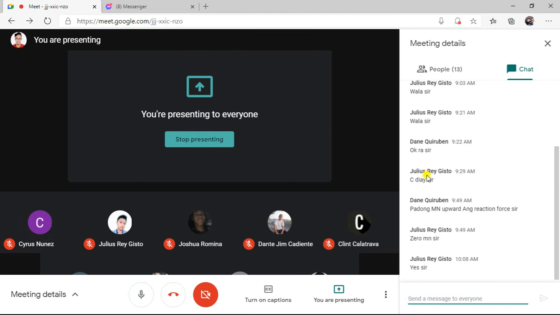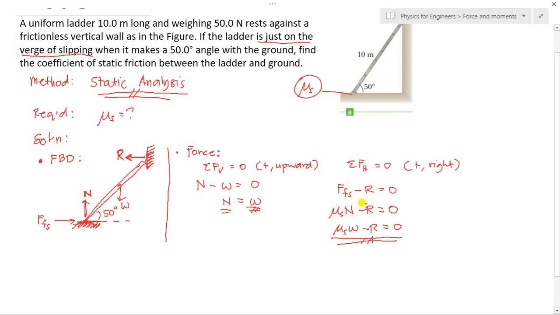Mu s and then what else? Mu s lang ba? Okay, so wala tay r, di ba? Okay, so we don't have r and we don't have mu s. So we have two unknowns, then usa ra pud to equation.